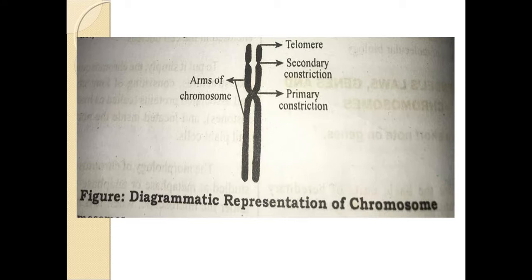And we have here two regions called primary constriction and secondary constriction. The first region, primary constriction: at this region the chromosome will bend.